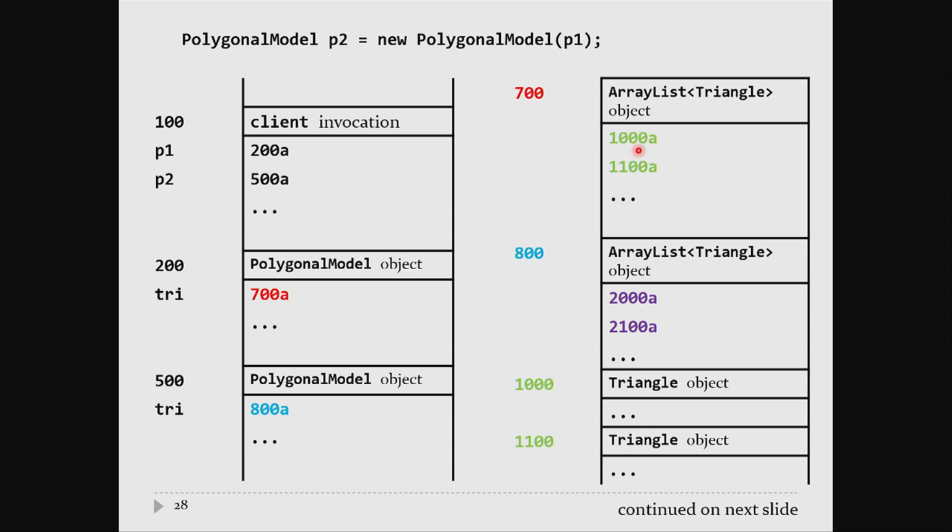So in the original list, there's a triangle at address 1000. There's a second triangle at address 1100. So they're right here and here. When you run the copy constructor, it copies that triangle but makes a new object. So there's a new object somewhere at address 2000 that's a copy of that object. And there's a new triangle here at address 2100 that's a copy of that object right there.